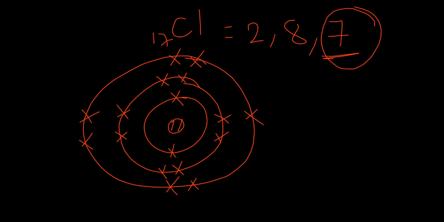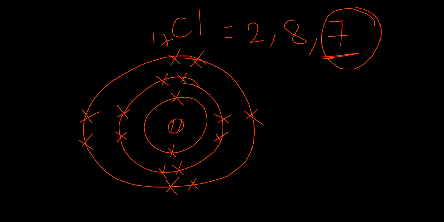Right? So in the case of chlorine, it already has 7 electrons in the valence shell, or 7 valence electrons. So for us to obey the octet rule, we need to add one more electron, which means we have 8 electrons in the final shell. So let's do that.